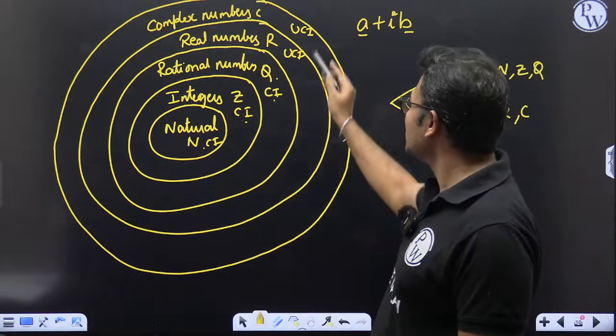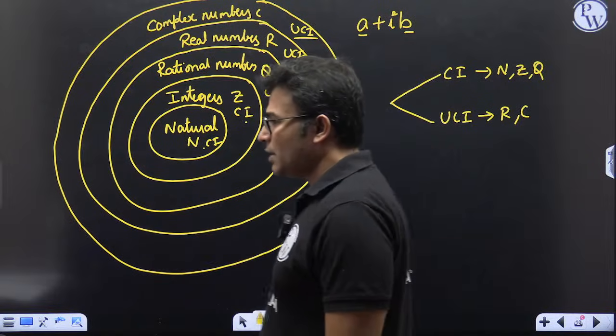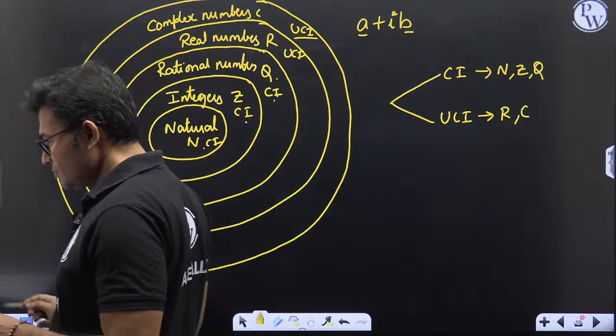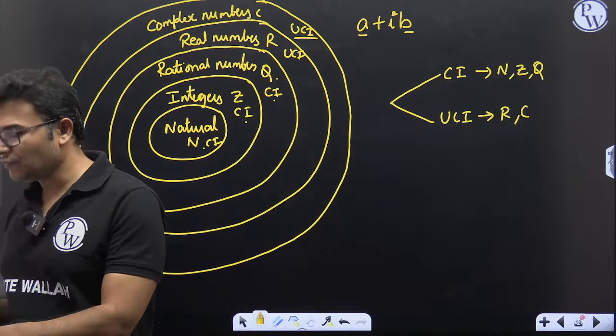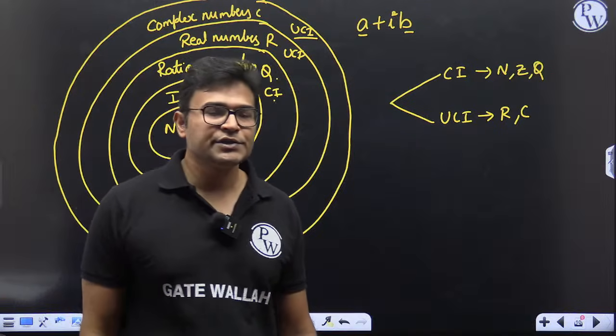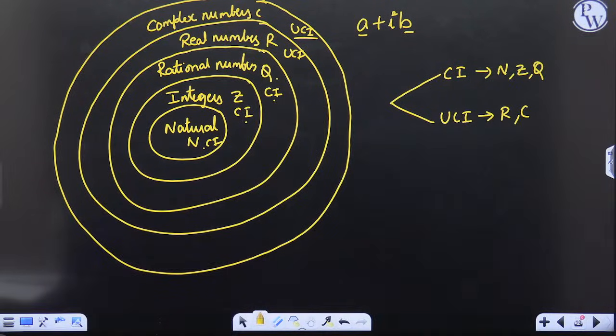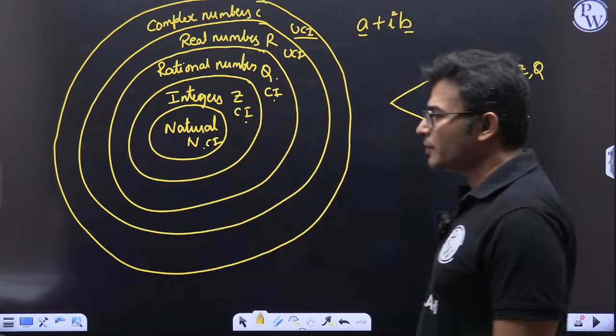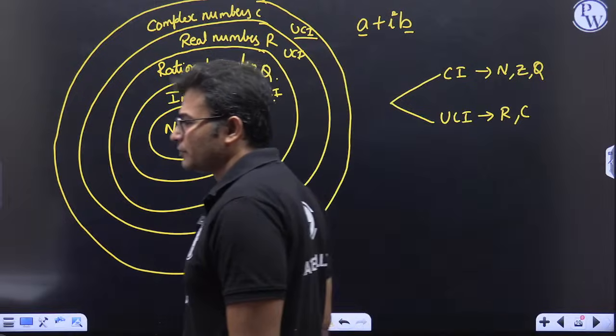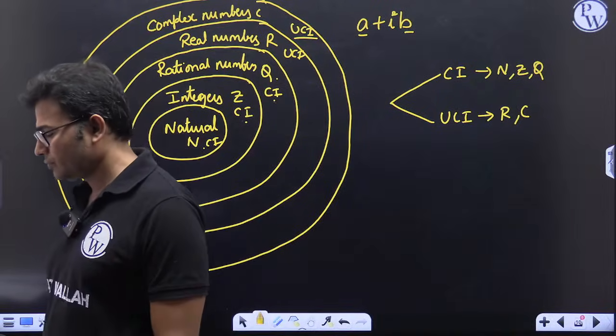That is why this is uncountably infinite. So we have proved for all the numbers whether they are countably infinite or uncountably infinite.